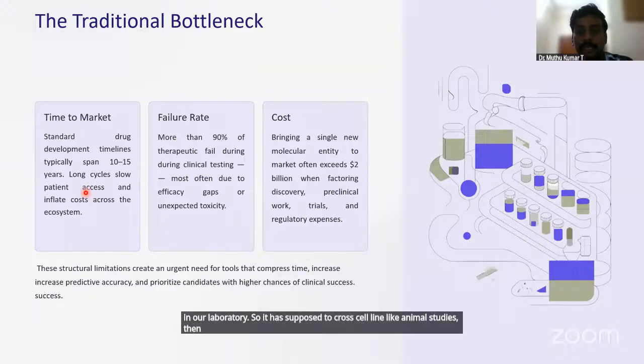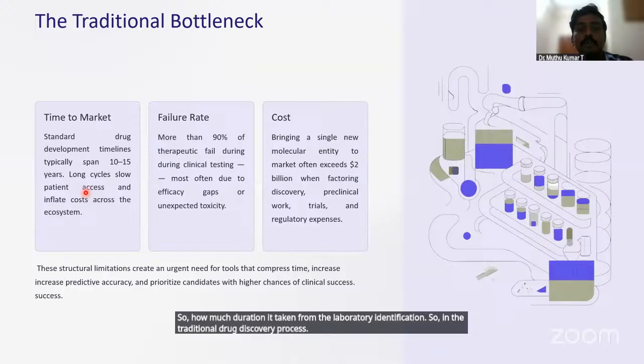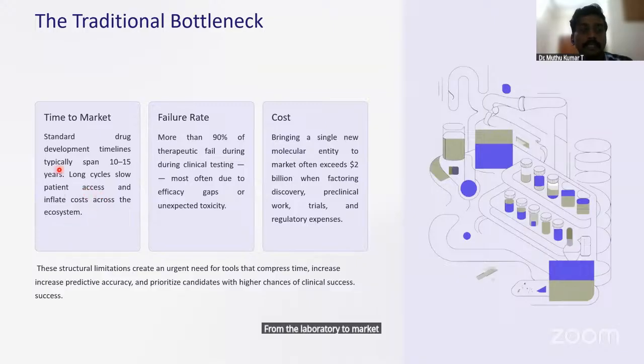Then we have to go for phase 1, phase 2 and phase 3 clinical trials, and ethical committee approval like FDA or WHO. In the traditional drug discovery process, it took almost 10 to 15 years from the laboratory to market. That is the major drawback in the traditional drug discovery process.